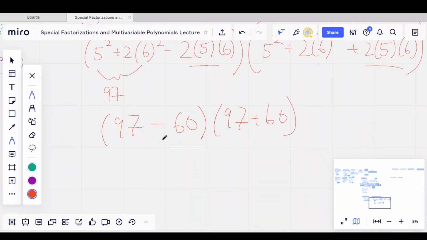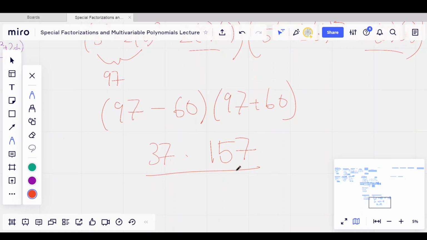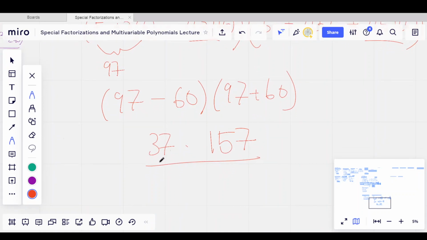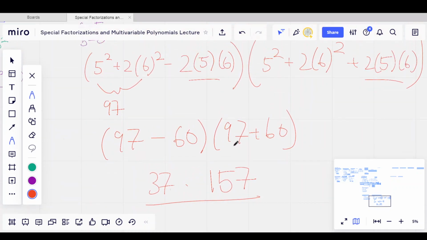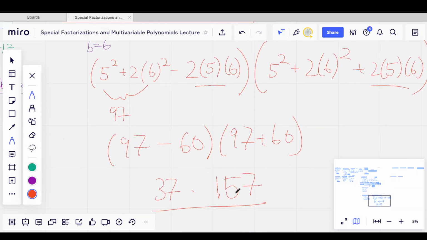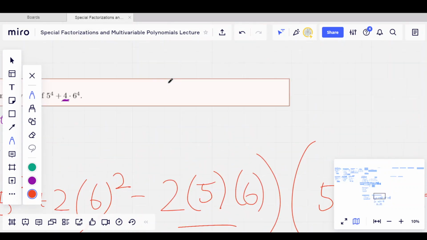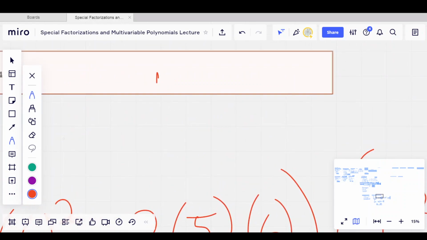And then this will give us 37 times 157. And then this is basically the prime factorization, because 37 is prime and 157 is prime. And then this asks for the largest prime divisor. Since 157 is prime, we have the answer as 157.